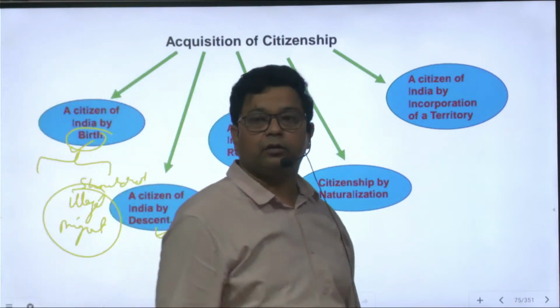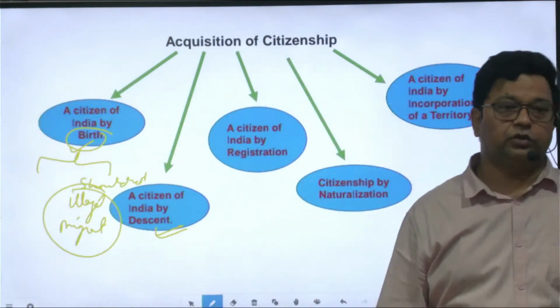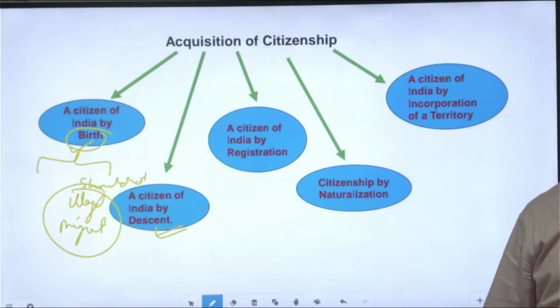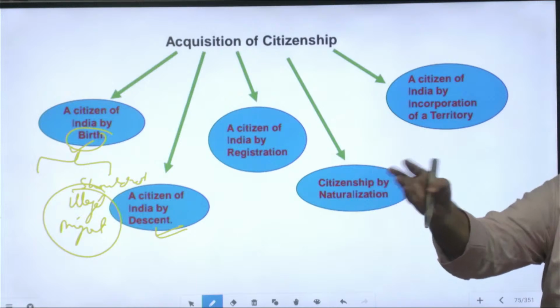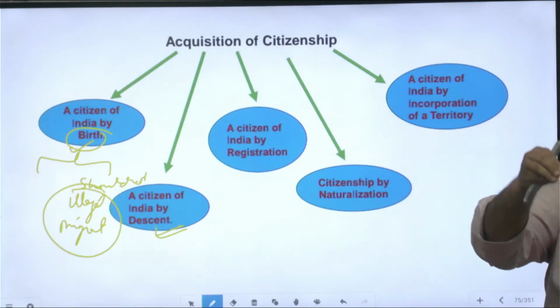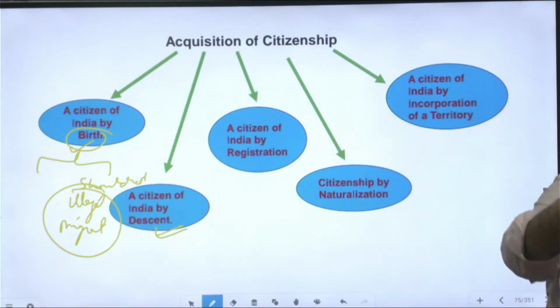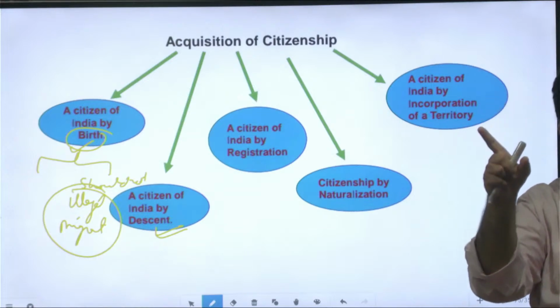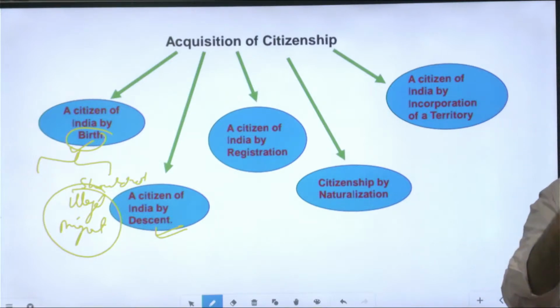Descent means descendant, yes. So any person who wants to be a citizen of India and is not a citizen of India, how can he be, if either of his parents or either of his grandparents were born in India or were citizens of India? At the time of his birth, either of his parents were citizens of India.